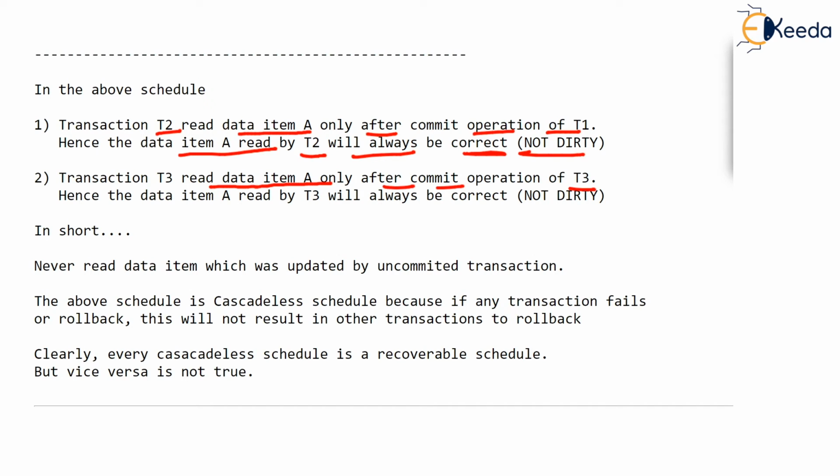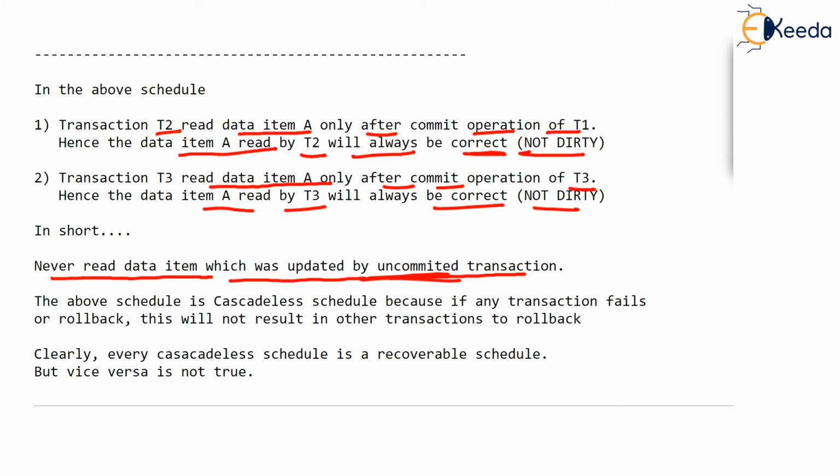Hence, data item A read by T3 will always be correct, not dirty. In short, never read data item which was updated by uncommitted transaction. That means read data item only if commit has occurred in the other transaction and the other transaction has obviously modified that data.